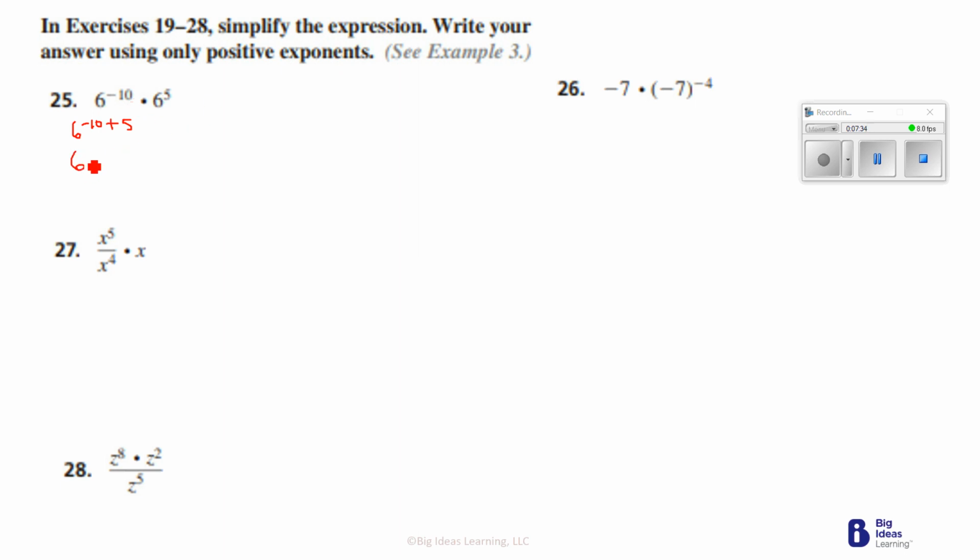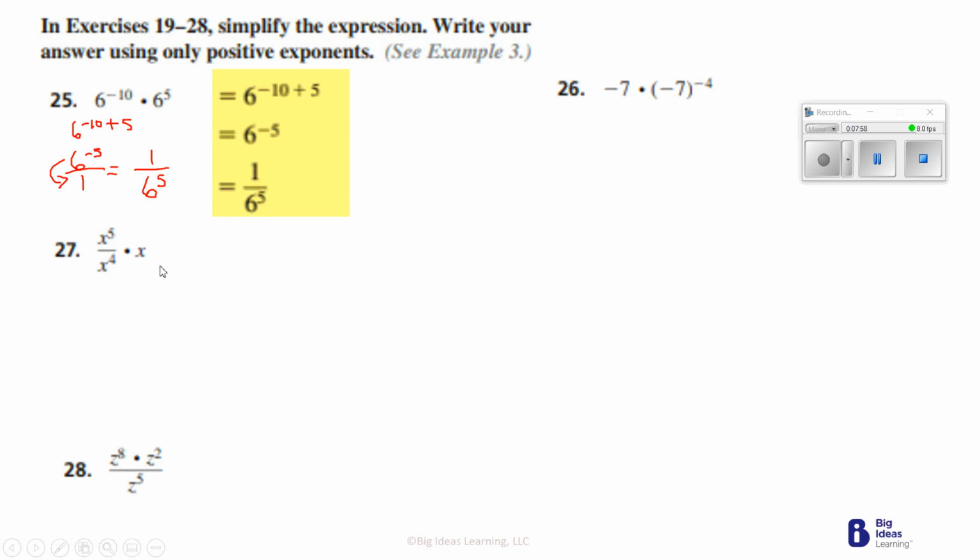This will give us 6 to the negative 5th power, which means it's really 6 to the negative 5th over 1. That means we have to bring this to the bottom, which turns this to 1 over 6 to the 5th. And unless they multiply it 6 times itself 5 times, this should be my answer. And there we go. 26 is yours to do.